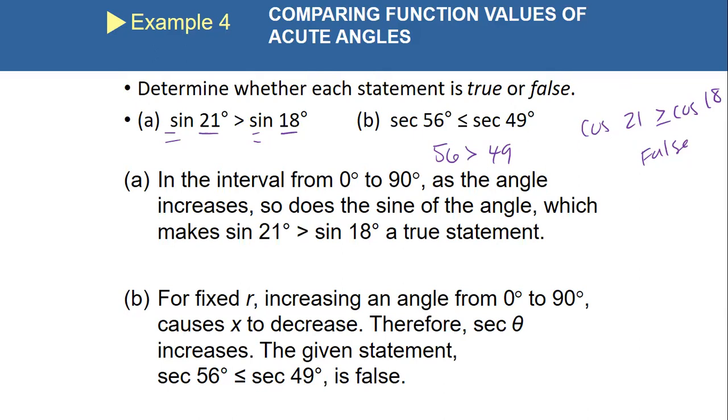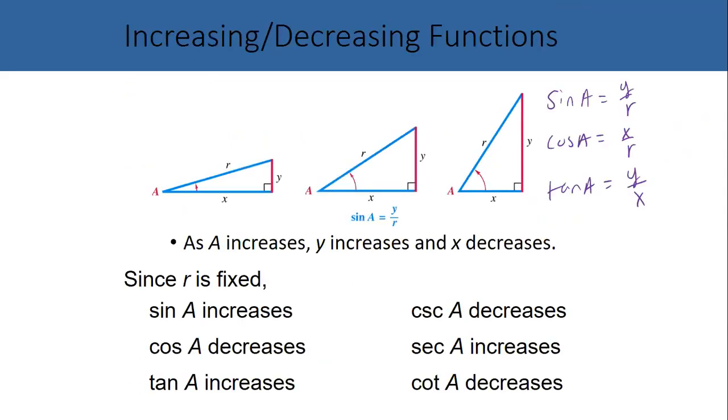It's going to be that this value is actually going to be secant because it's now the denominator. So that number getting smaller means that my number, it's the opposite. So secant is the opposite of cosine.